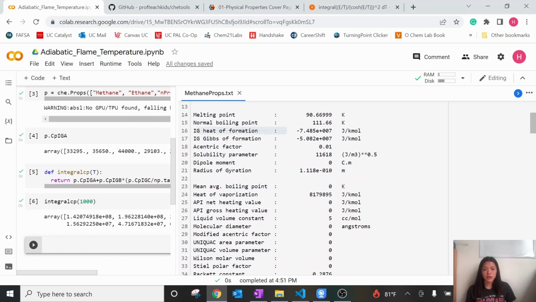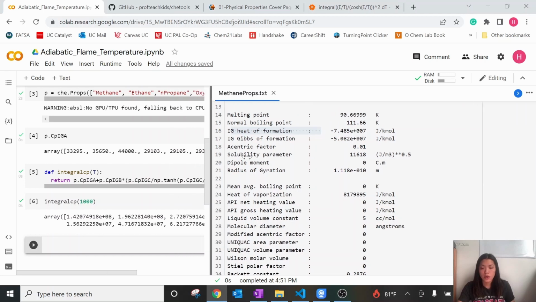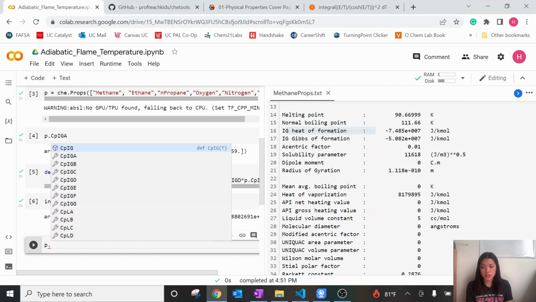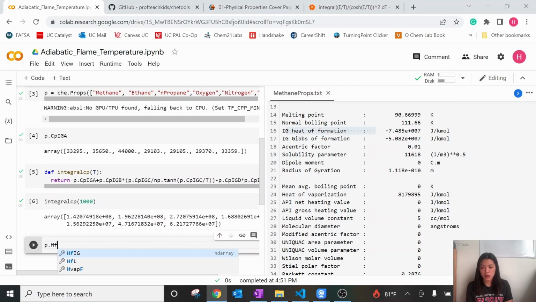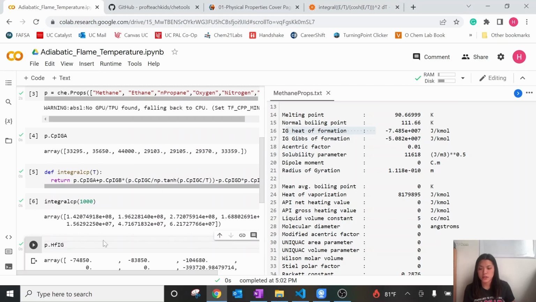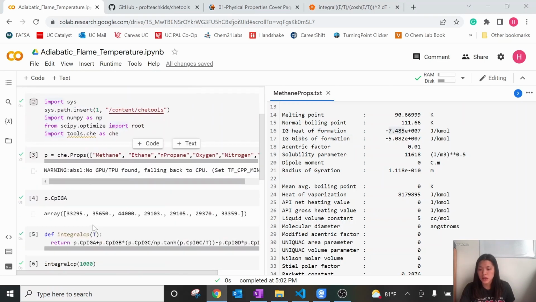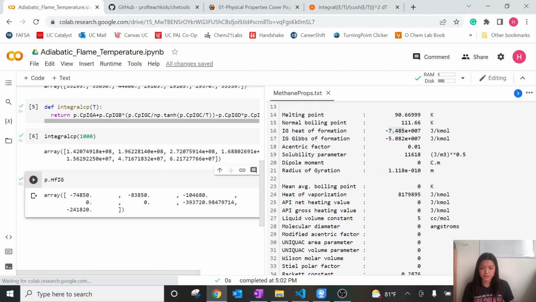The heat of formation is the amount of energy and heat required for the compound to be formed. So we have, again, another property of these equations. So if we were to shift enter, again, we're looking at methane, we have the negative 74,850. And that is our heat of formation.